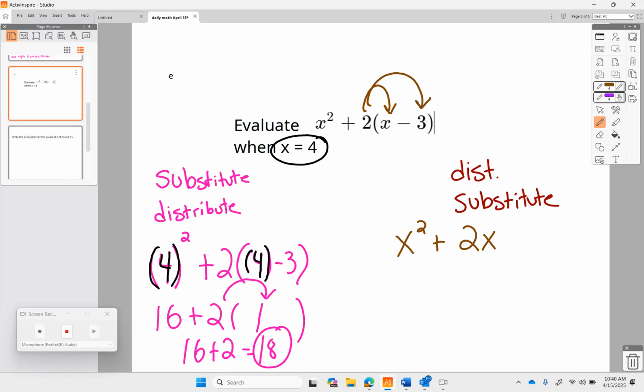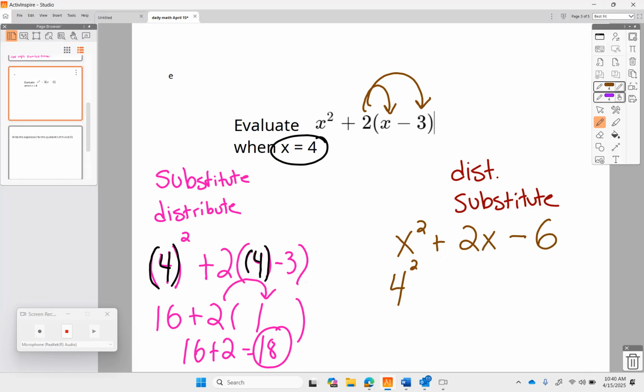So 2 times negative 3 is negative 6. Now, I can't combine any more like terms. I've distributed, but an x squared is different than an x, which is different than a constant.